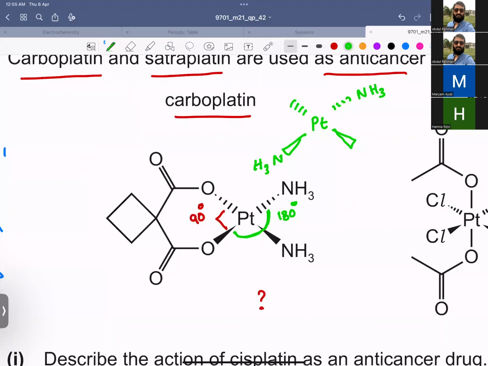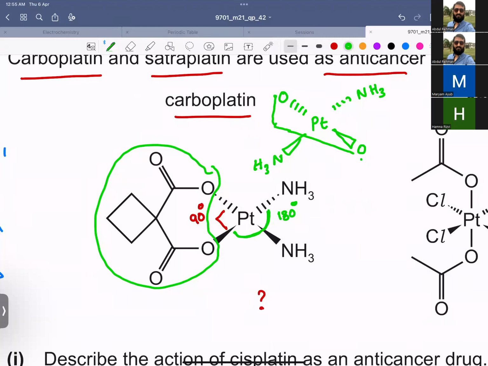But when I have to bond one, because it's a single molecule and both atoms are at a distance of 90 degrees, it cannot bond at 180 degrees. They cannot reach that much distance. Is this understandable? It is not possible.